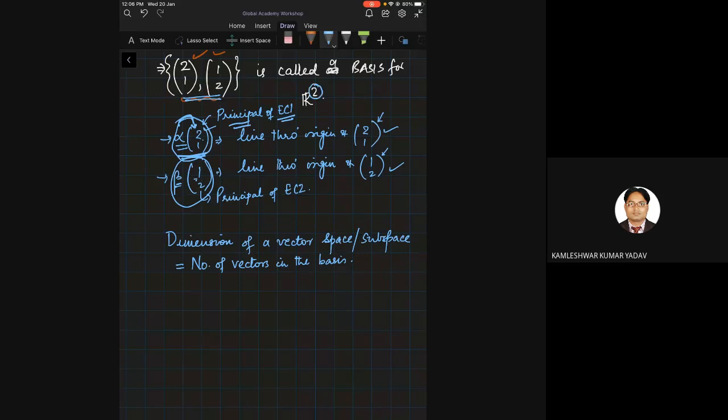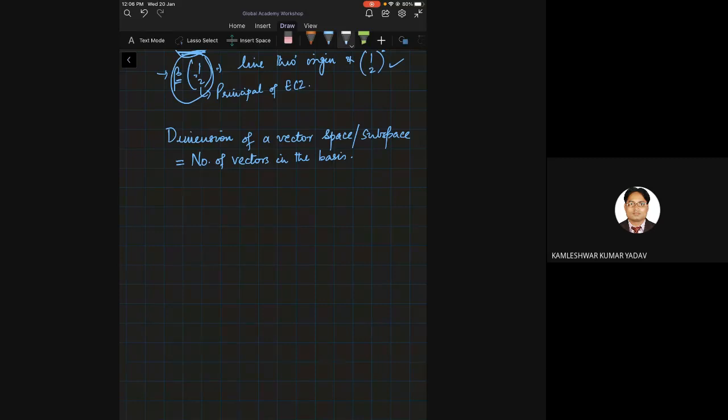Now, let us look at this. What is the dimension of this vector space? Suppose I have a set S, which is nothing but (2x, x), where x is a real number. What is the dimension of this vector space? I'll take x out.